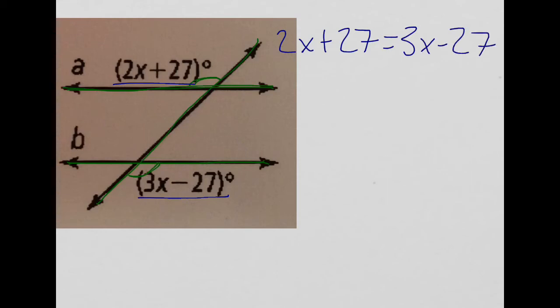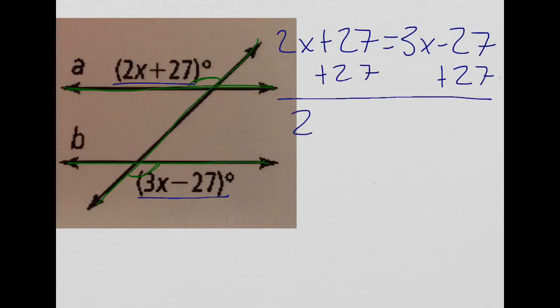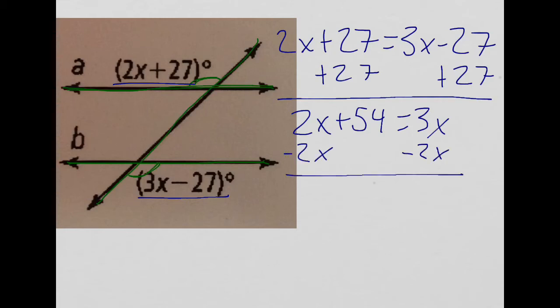Go ahead and simplify, add 27 to both sides. I end up with 2x plus 54 equals 3x. Subtract 2x from both sides. I'm just combining like terms. And I end up with 54 equals x.